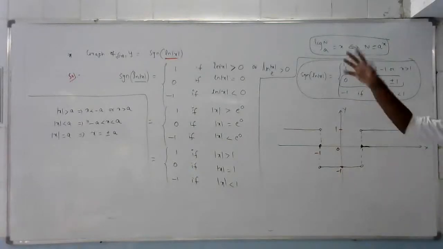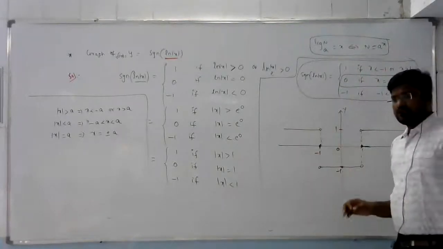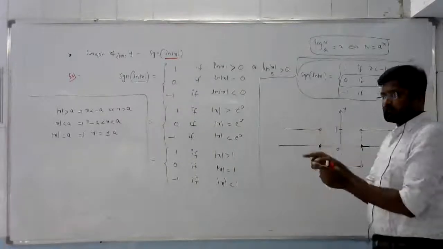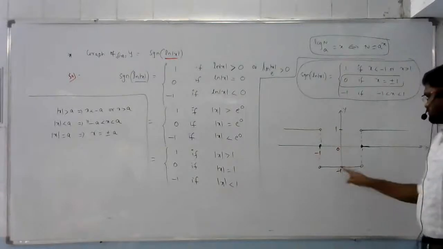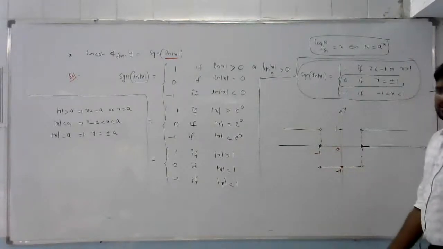Here, signum of anything, range will be only either minus 1 or 0 or 1. Understood? See, minus 1, 0, 1. But the graph will be changed.